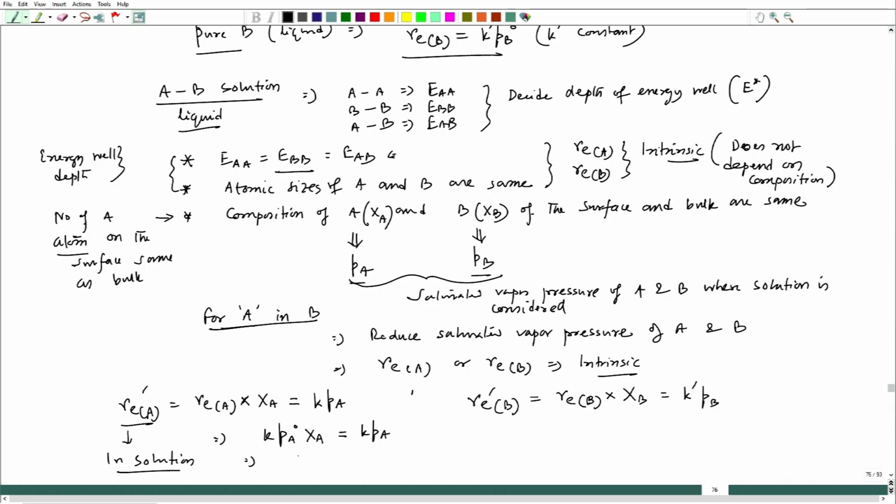So, this leads to one equation, PA equal to XA PA naught, and this one also would lead to K prime PB naught XB equal to PB K prime. So, this K prime and this K would get cancelled. So, finally, we get PB equal to XB PB naught.